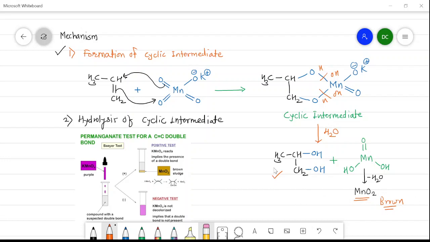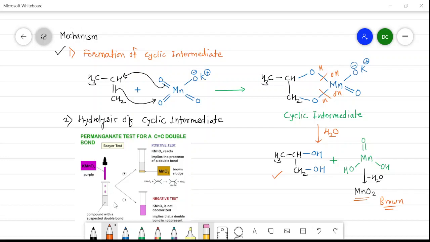Now this KMnO4 test is used for the detection of unsaturation in an organic compound. We generally use this test in organic spotting to check whether the compound is unsaturated or saturated. For that purpose, KMnO4, which has a purple color, is diluted and we get a faint pink color.